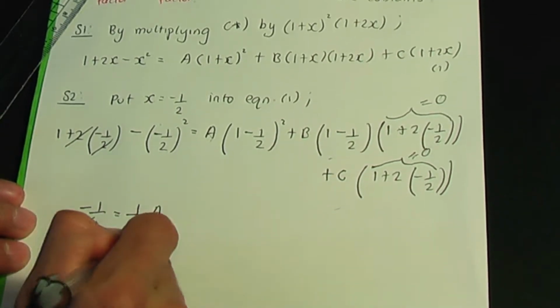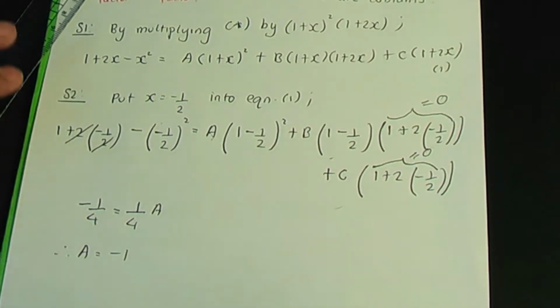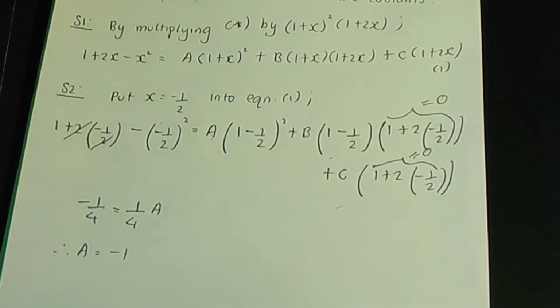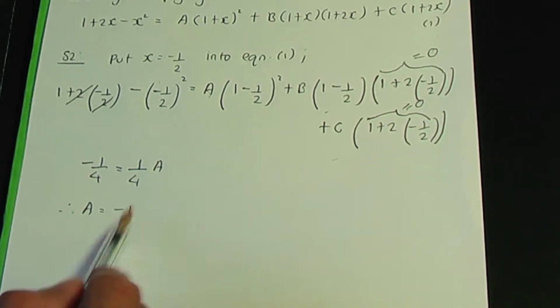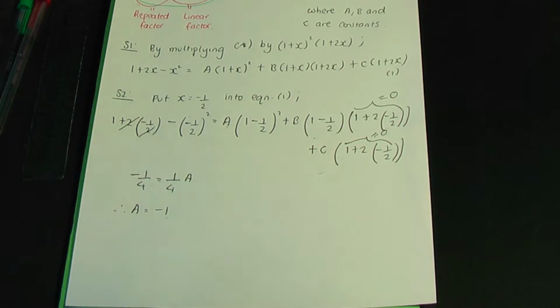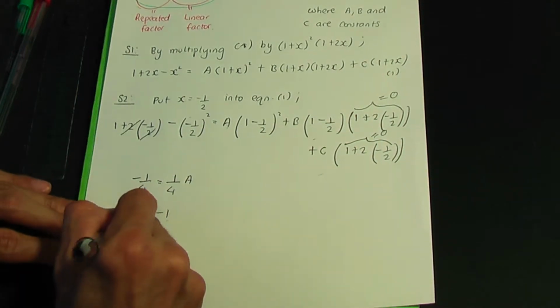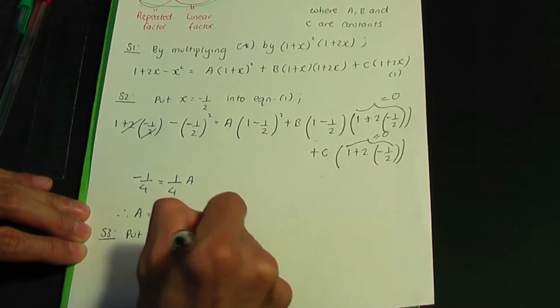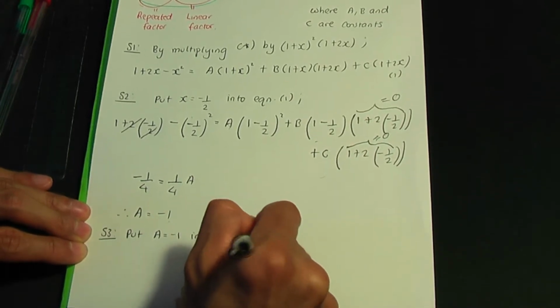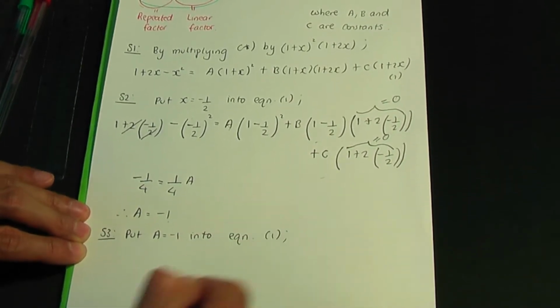So straight away, a is going to be minus 1. That's the value of the constant a. Let me put a equal to minus 1 into equation 1. So in step number 3, the next step, let's put a as minus 1 into equation number 1.